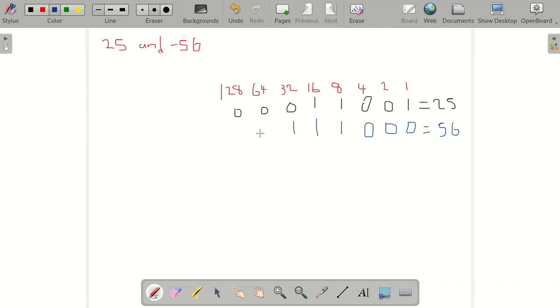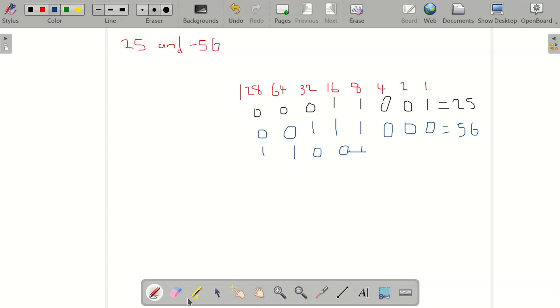Now the question is telling us we need to add these two numbers in 1's complement. For us to do that, we need to convert 56 to 1's complement because it is negative, so it's affected. A 0 becomes a 1 and a 1 becomes a 0.